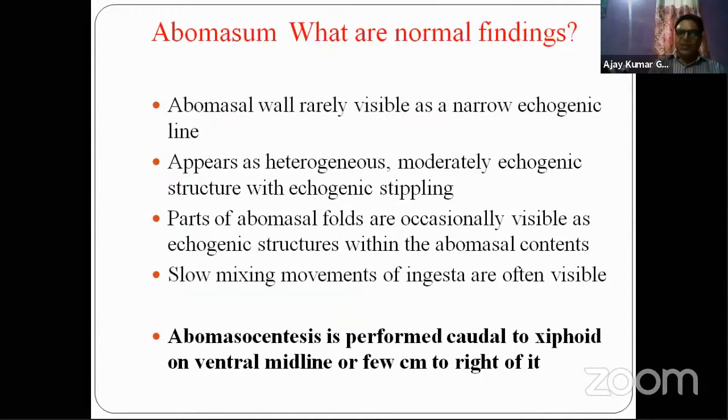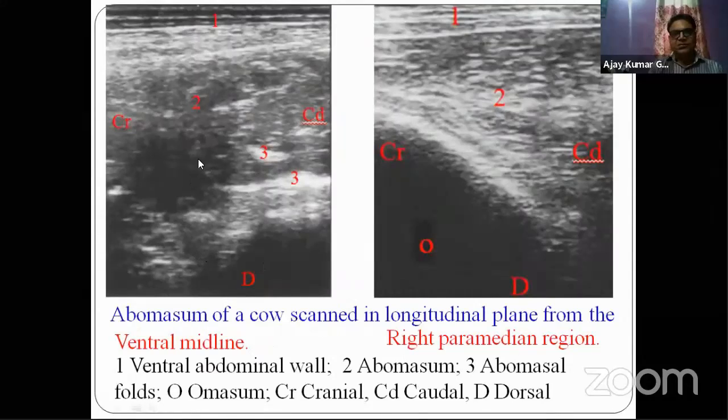Unlike other organs like reticulum, omasum, and rumen, where you find a thick semilunar or crescent shaped echogenic wall, in case of abomasum, you will not find that. Instead, you will find a structure like this, which has a heterogeneous echogenic appearance, and this represents the ingesta of the abomasum.